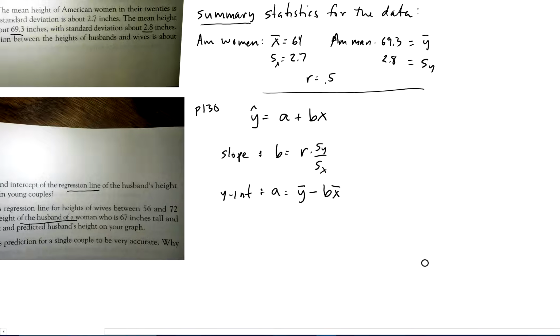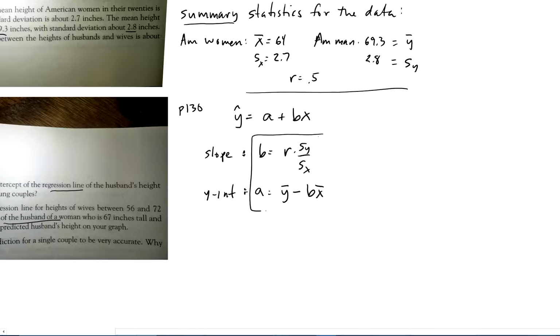And then the y-intercept is a, which is y bar minus b x bar. Okay, so these are my formulas for the regression line when I write it in that form. And you don't have to memorize these ever. I will always give these formulas to you on tests and quizzes.